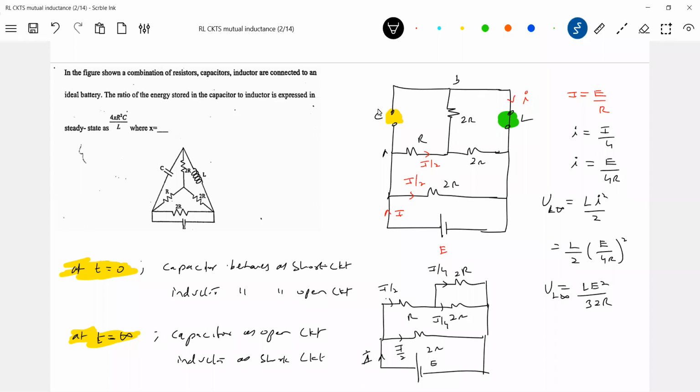Then the energy across the capacitor. For that we should know the potential difference VAB. And the current here, how much will it be? Same I only. So give polarity, plus minus, plus minus. Write the potential drop VAB.